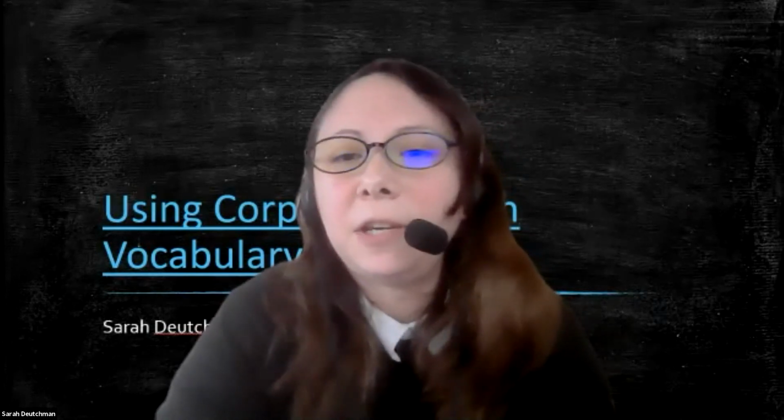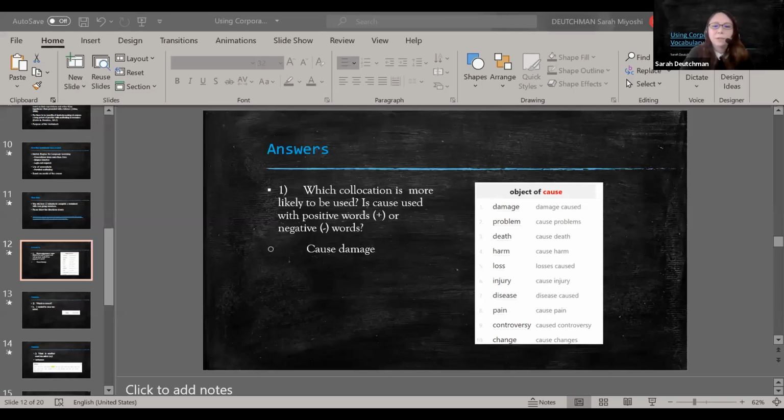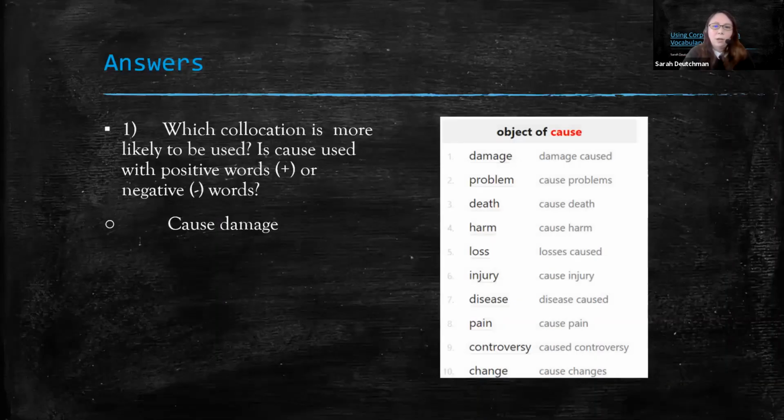I'll go back to sharing my presentation. And of course, you ask the students, what did you find out? So for number 1, which collocation is more likely to be used, is it positive or damage? So you could say that it would be a negative word. Cause damage would be most likely because it's the first one.